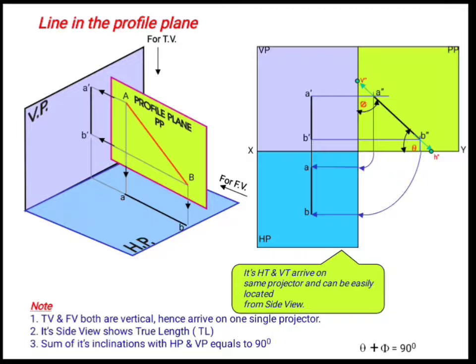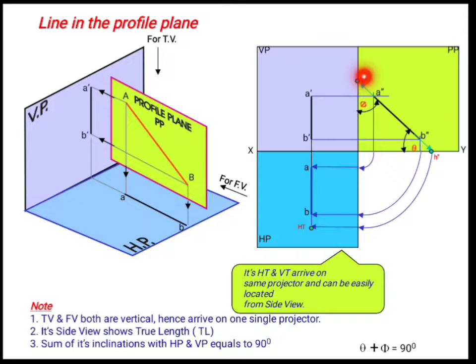Now I have to get the projections of this horizontal trace and vertical trace to this vertical projector. For that, I have to bring the H double dash to the horizontal plane and get it intersected with the vertical projector and get the point HT.